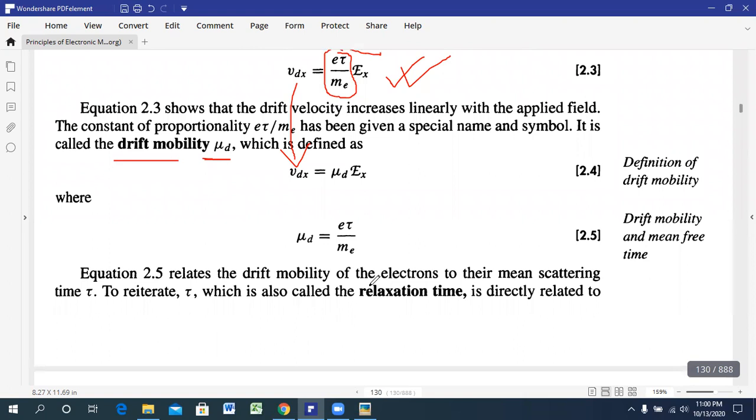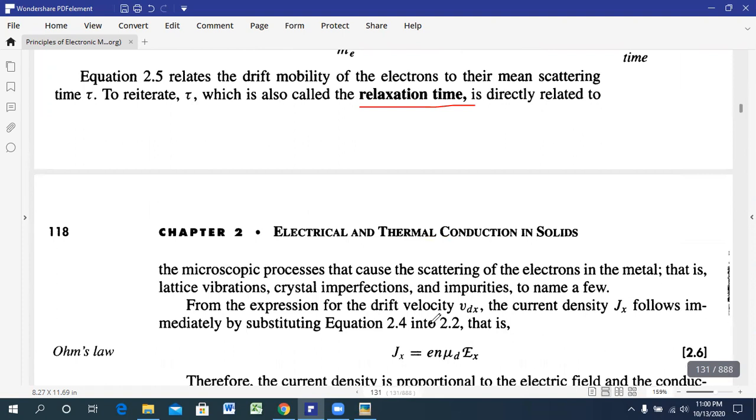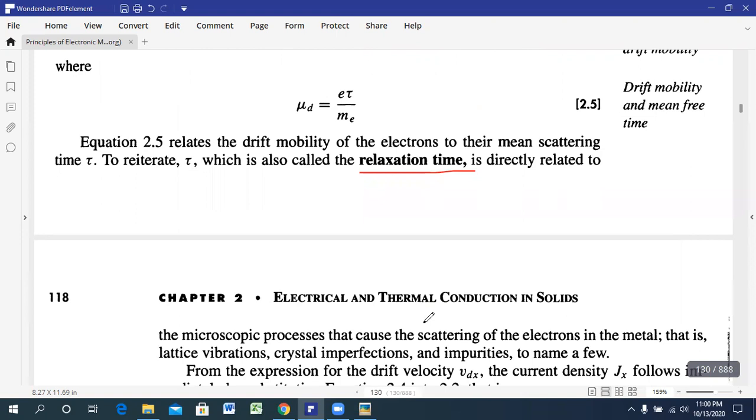Now look, this tau is also known as relaxation time. So what I have told you previously, please write down these equations in your notebook.